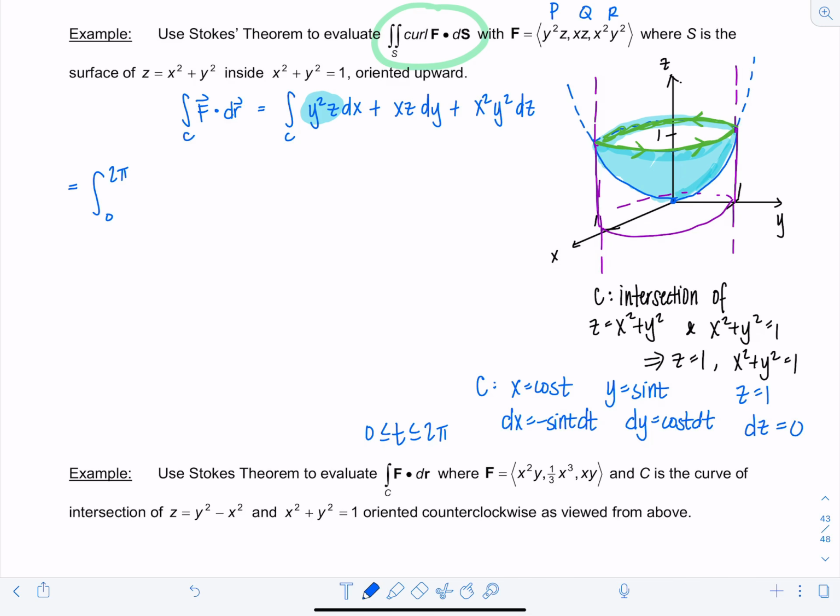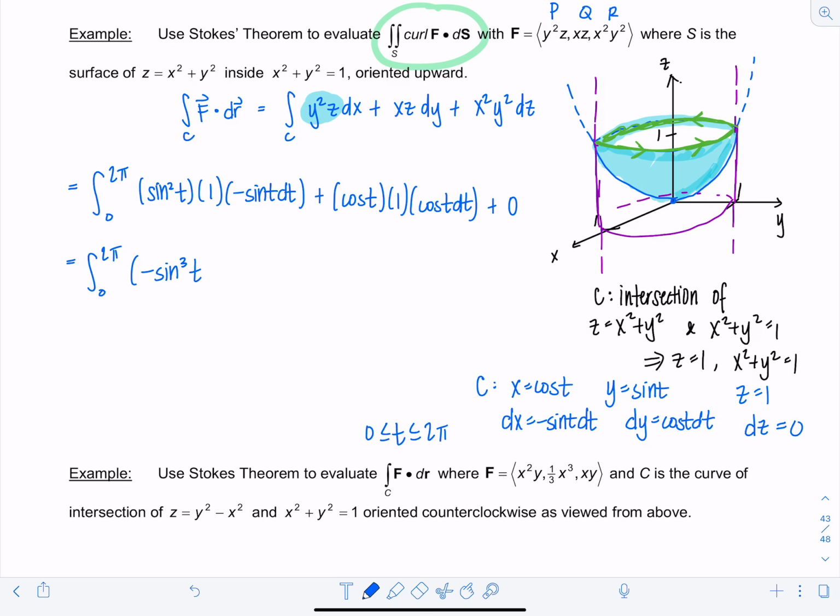So y squared is going to be sine squared t, z is 1, and then dx is negative sine t dt, plus xz, so that's going to be cosine t times 1, dy, which is cosine t dt, plus, I know dz is 0, so everything's going to be 0 on that last term. All right, and then now I'm left with negative sine cubed t, ooh, that's good, plus cosine squared t dt.